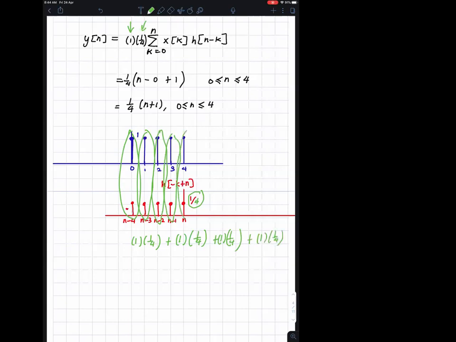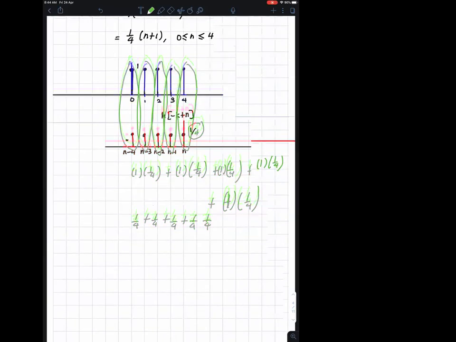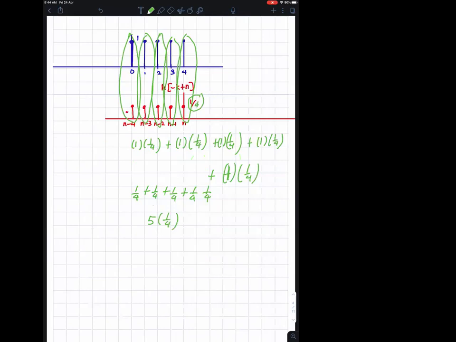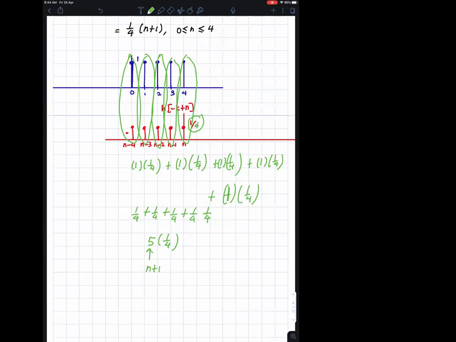Then it's going to be 1/4 plus 1/4 plus 1/4 plus 1/4 plus 1/4, right? So this means 5 times 1/4, which is the same as n plus 1 when n is 4.